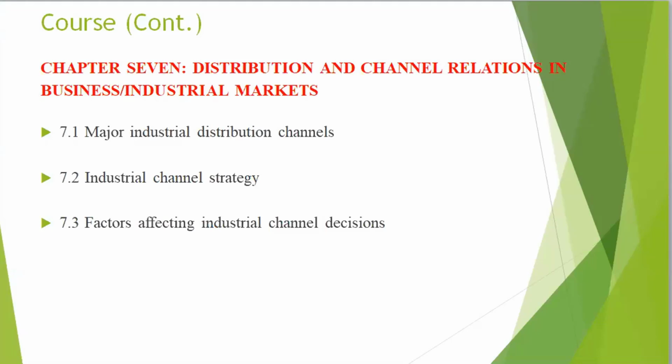Sometimes with marketing intermediaries that are involved between the producer and the industrial customer, we have to investigate the ability to distribute this product. So we have to consider other factors also. This will be discussed in detail in this course.